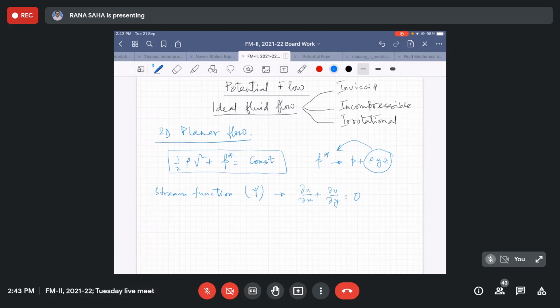And we had some discussion on this stream function, the very characteristics of this stream function. It is a point function. It depends on the point, and the physical significance of stream function, and the relation of stream function with the streamline, actually. And that is very important because in your fluid mechanics 1, you had the definition of streamline.